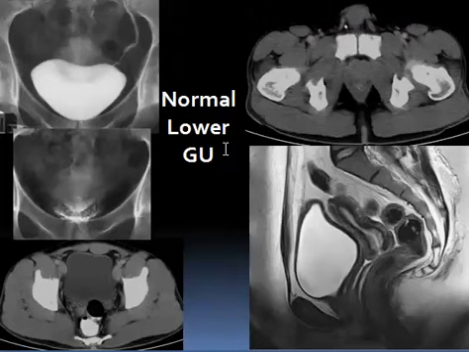This is the appearance of the normal urinary bladder, and you can see here the negative shadow of the interureteric ridge.